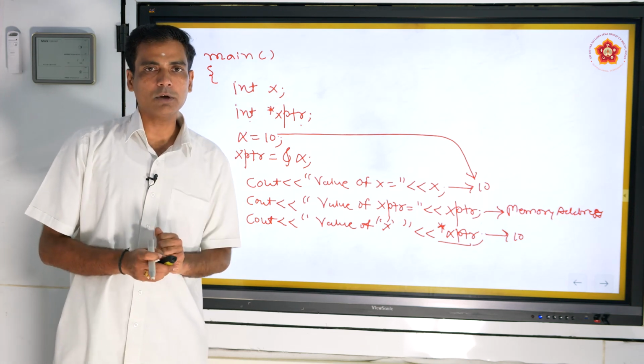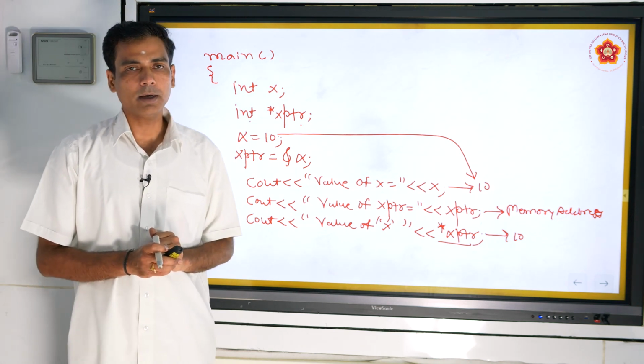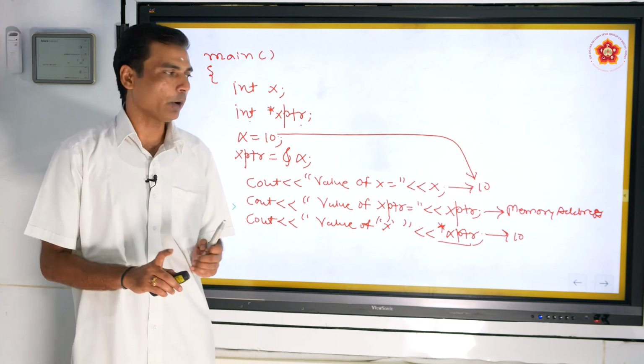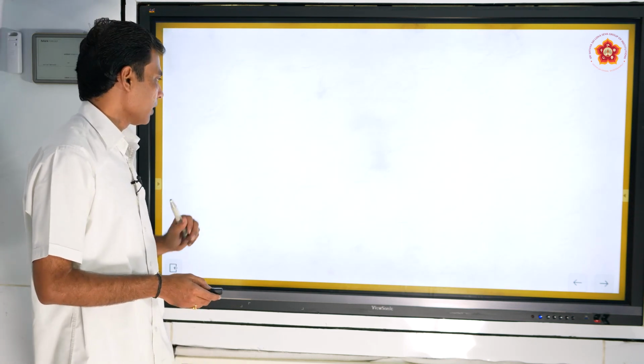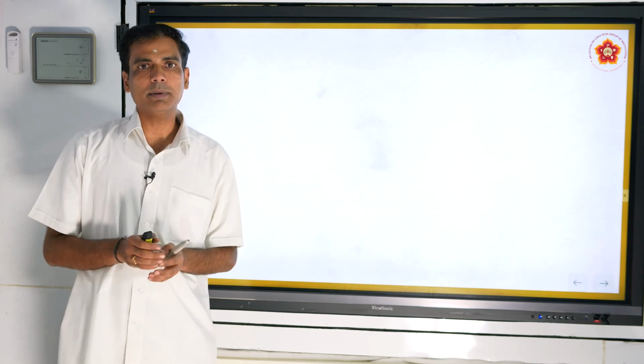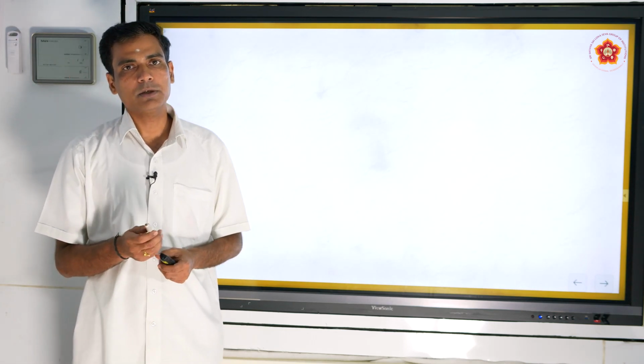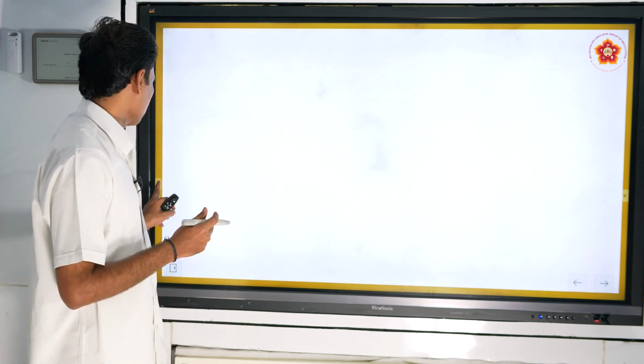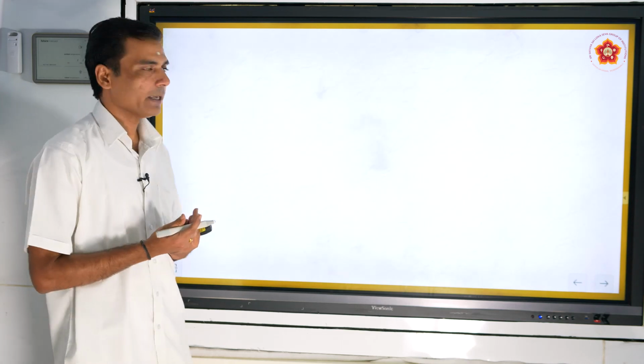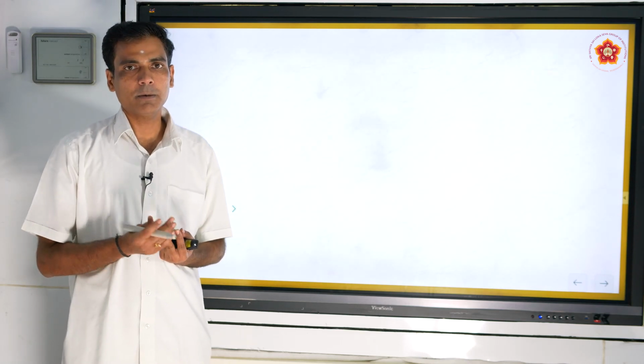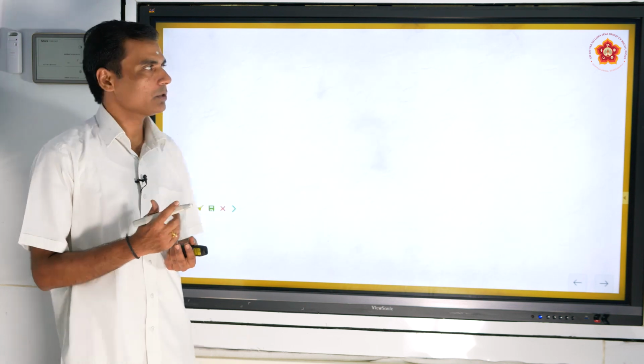Now our today's topic is pointer arithmetics and pointer expressions. So just go back to the basic concepts of expressions, C++ expressions. How do we write the expressions in C++? But basically understand what does an expression mean.